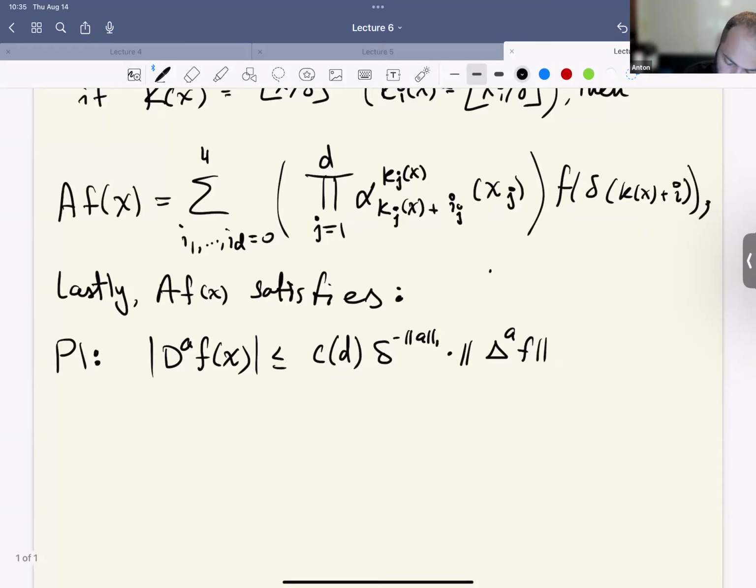And remember, delta_A f of delta k is delta_A minus 1 applied to delta f of delta k.